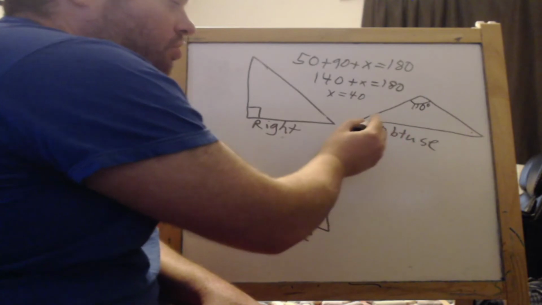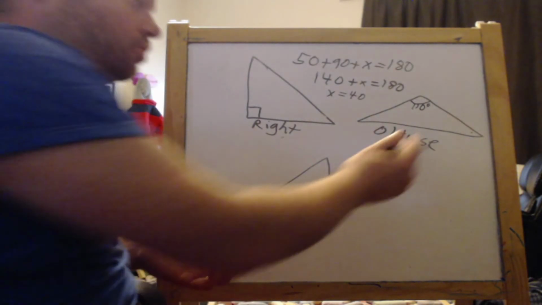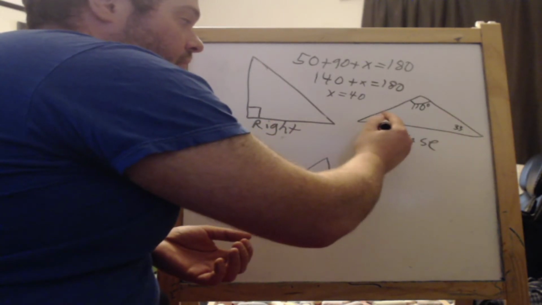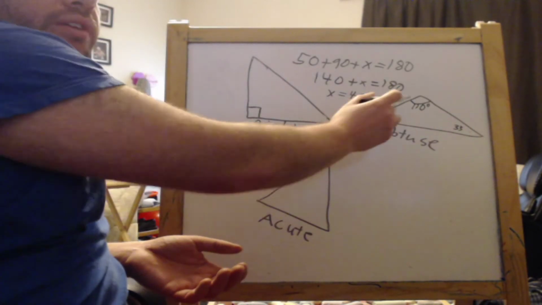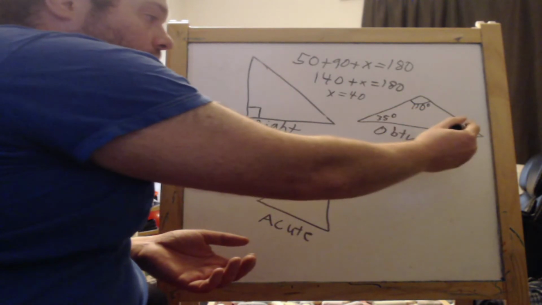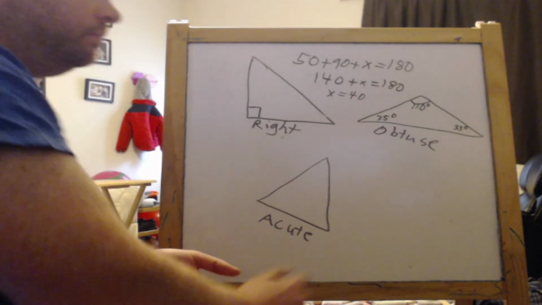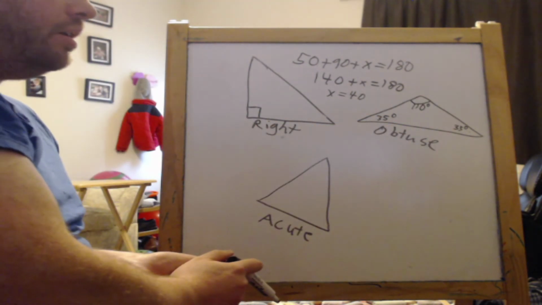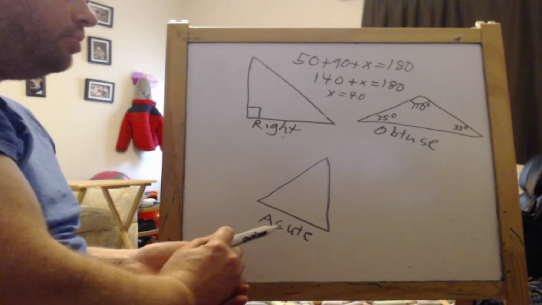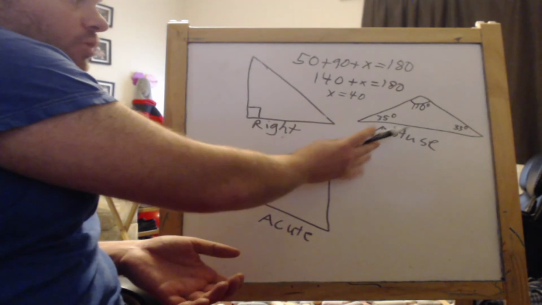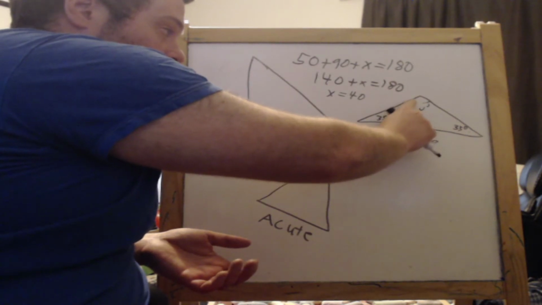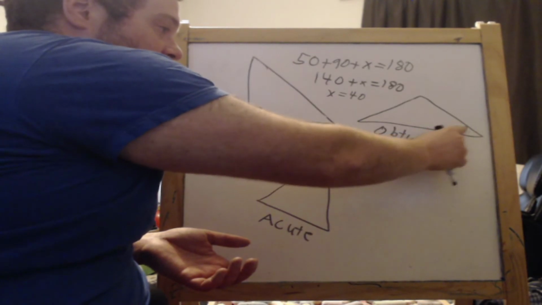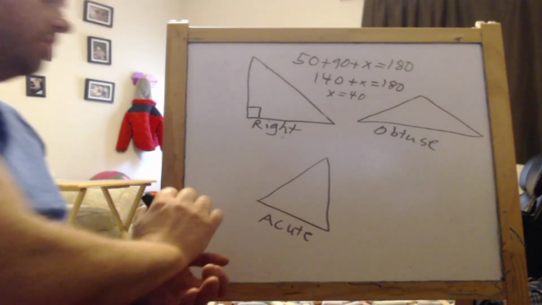That means that these two angles have to add up to 70. So this could be 35 and 35, because all three of these have to add up to 180 degrees. So it's 110, 35 degrees, 35 degrees. So an obtuse triangle has one obtuse angle and then two acute. A right triangle has one right angle and then two acute.